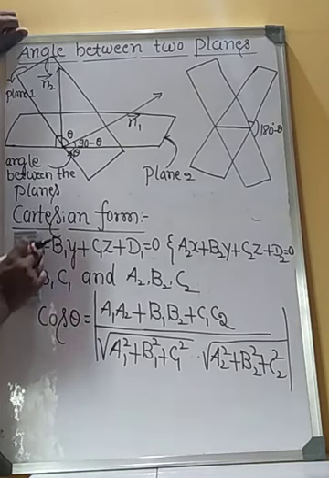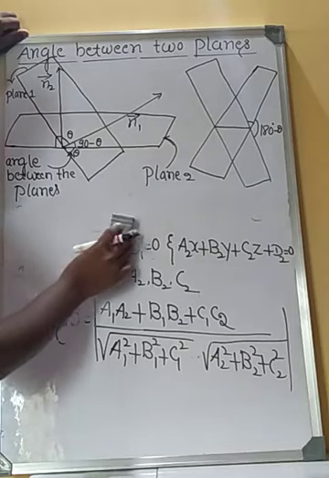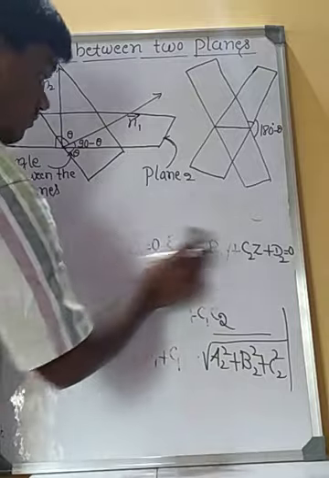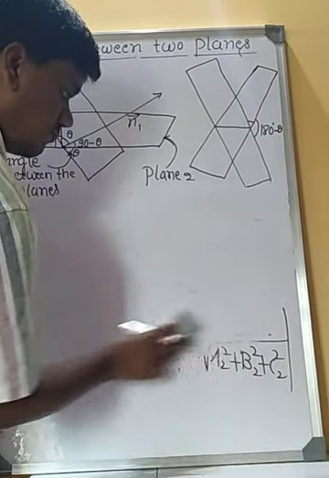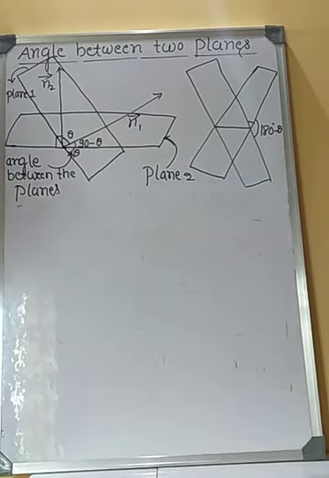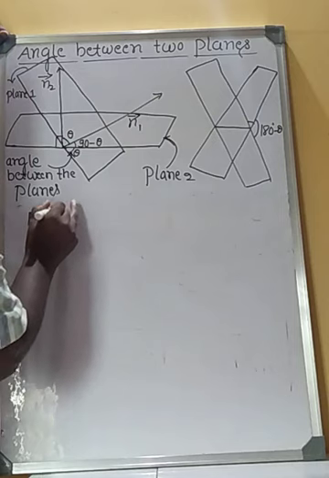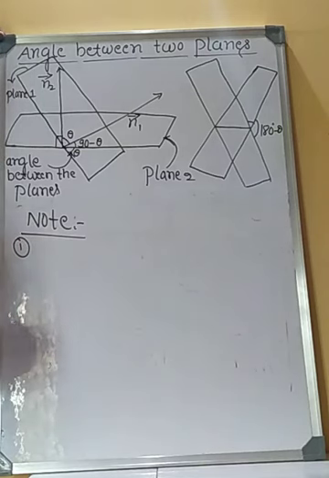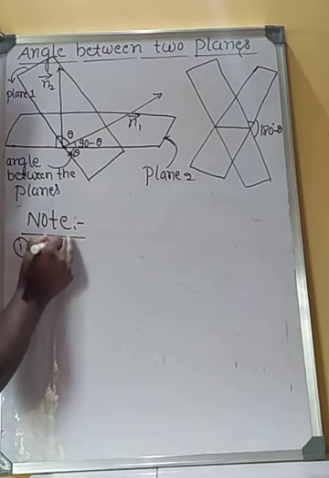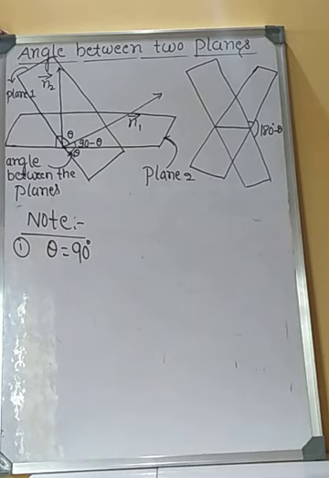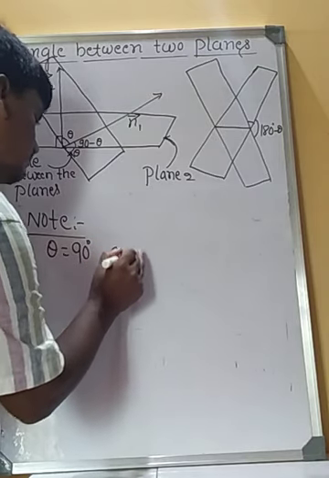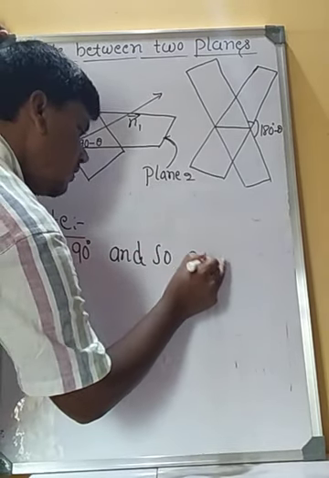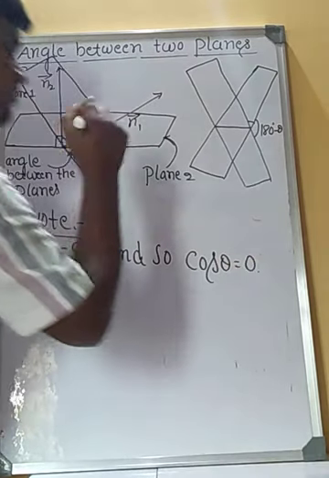Here also note, if the planes are at right angles, then theta equals 90 degrees, and so cos theta is equal to 0.